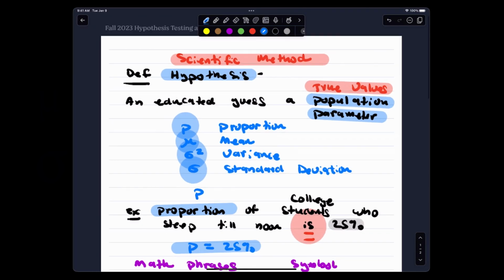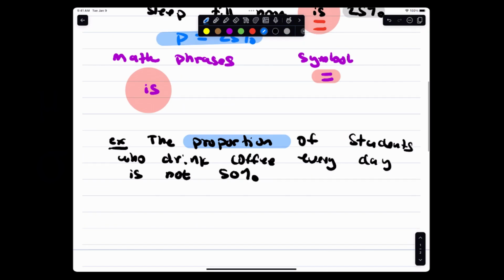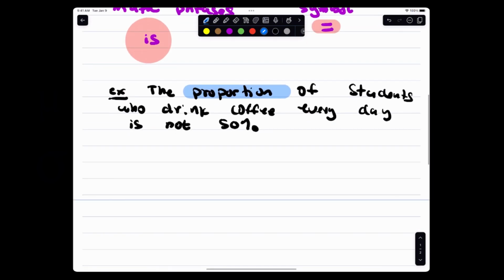We use P. Then what's this phrase? Is not. You say is not what? 50%. So when I translate this phrase, what does that mean about P?